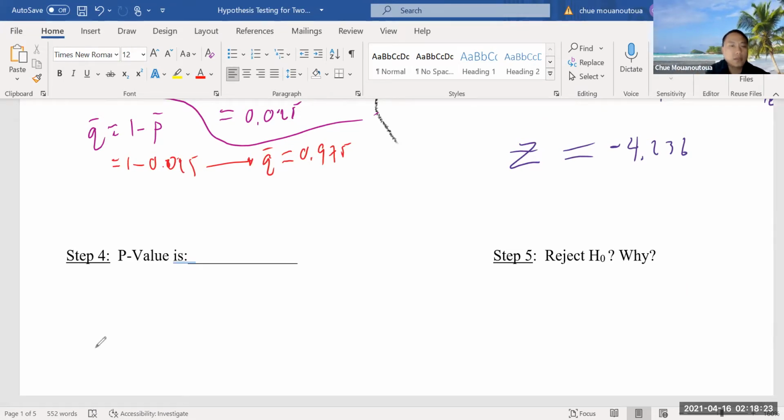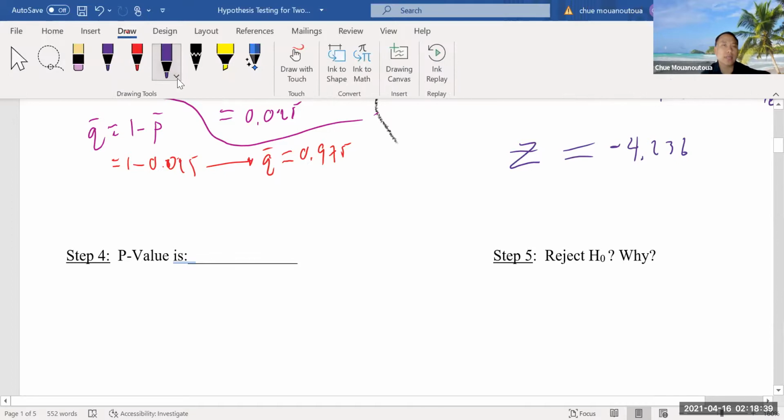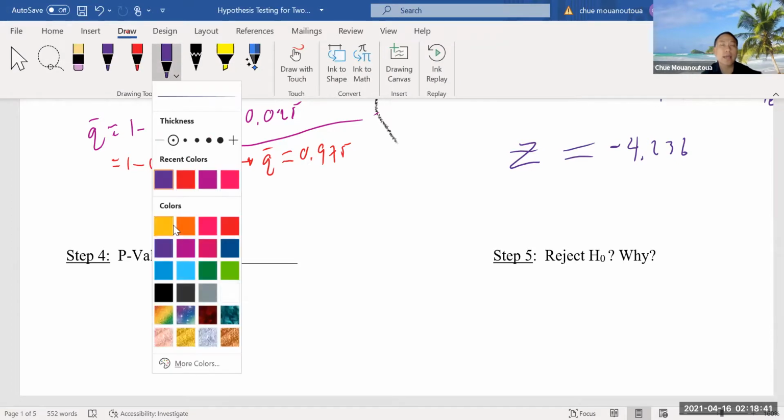So you gotta know how to determine the left or right tail by looking at the H1.